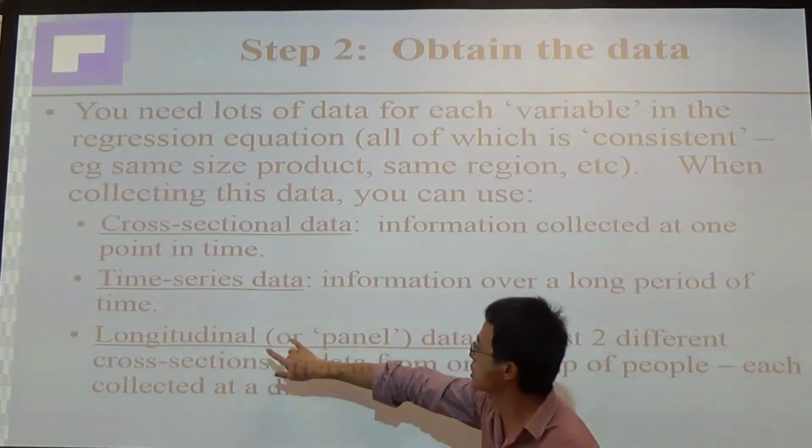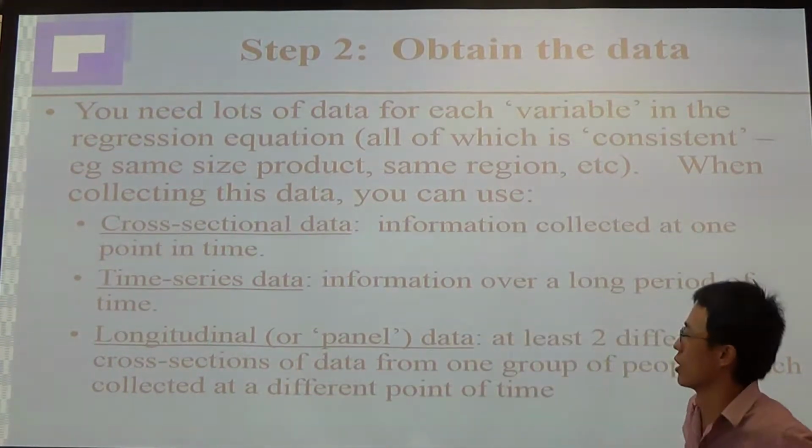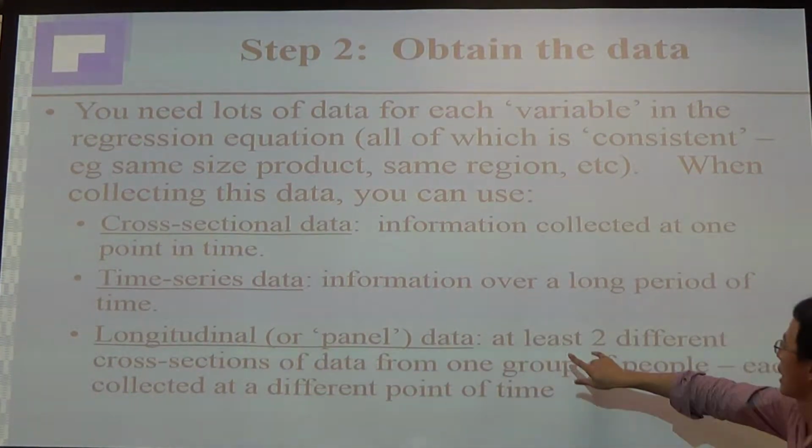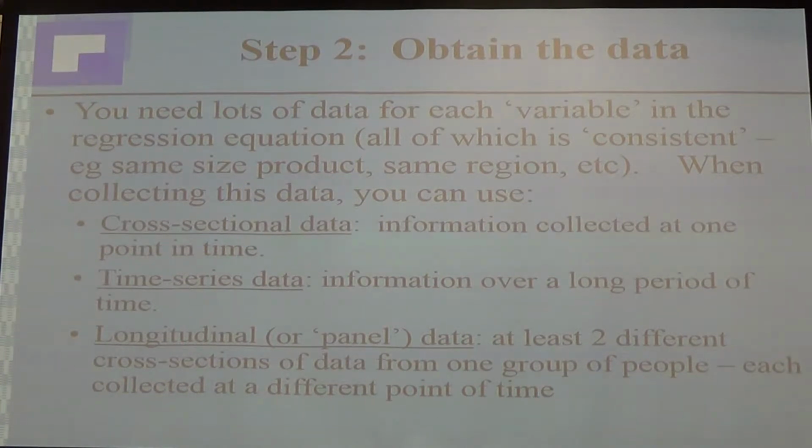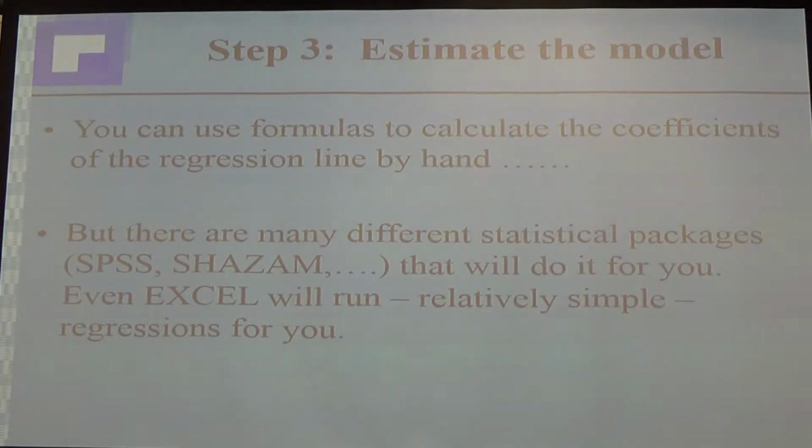Or you can use longitudinal or panel data. So it's at least 2 different cross-sectional data from one group of people, each collected at different points of time. So in a sense, you combine both cross-sectional and time series together. Then you can estimate a model.